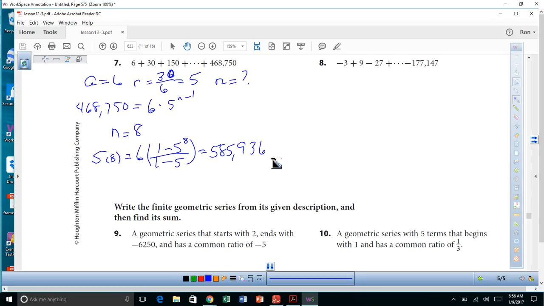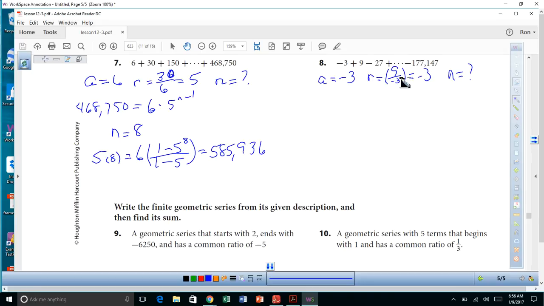585,936. Not too shabby. Number 8, A equals -3, R equals, that's going to be 9 over -3, which is -3. Don't know what n is yet.